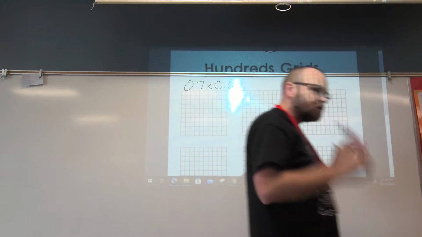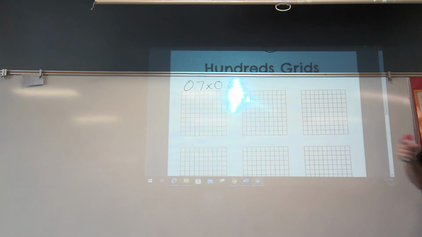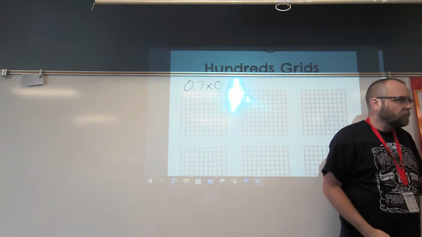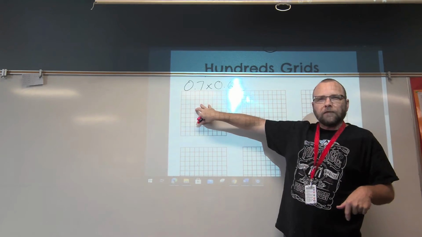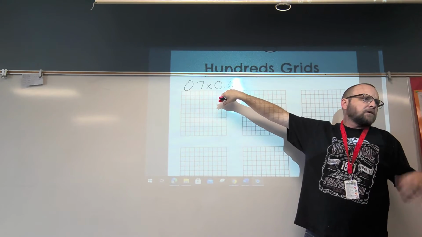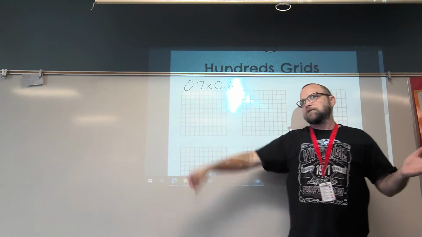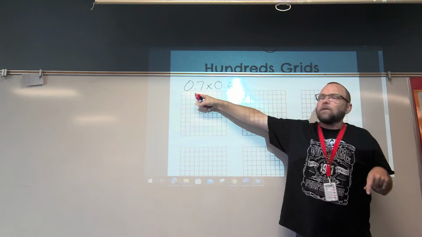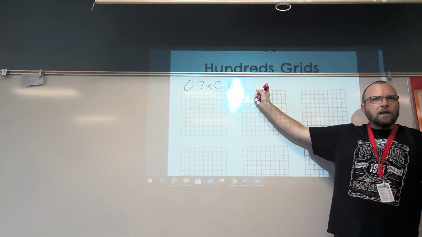Anytime we're using a visual to multiply, and they give you this grid and a picture and ask which equation matches it, just like we had on last week's spot review.